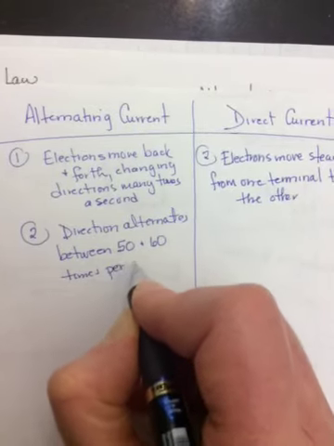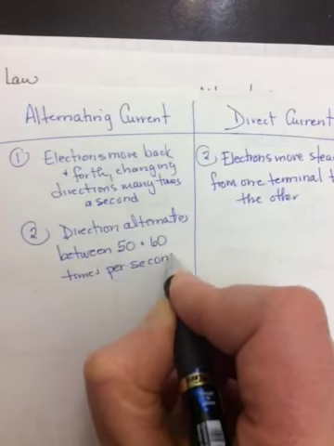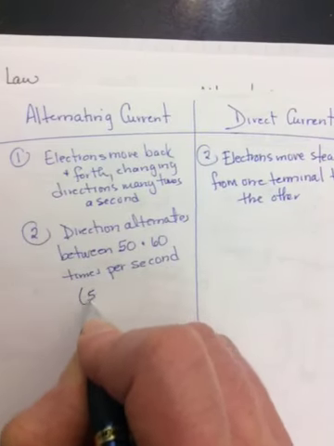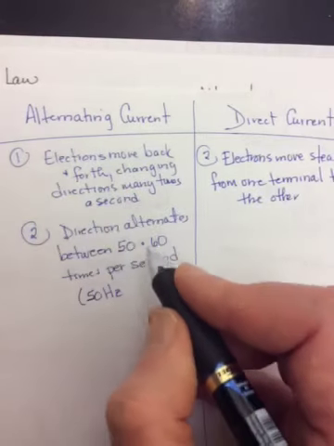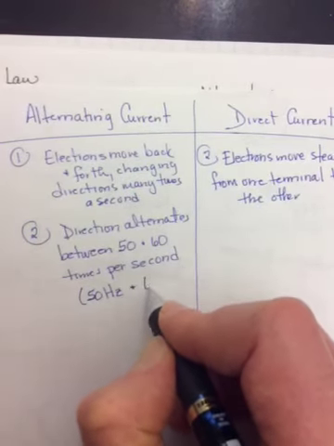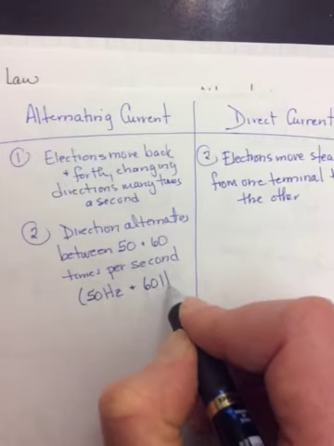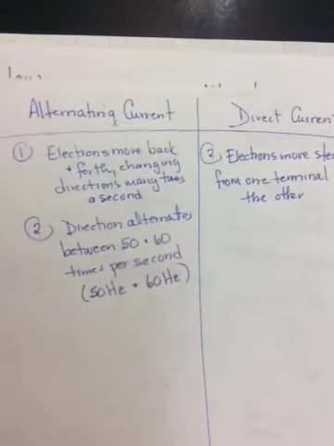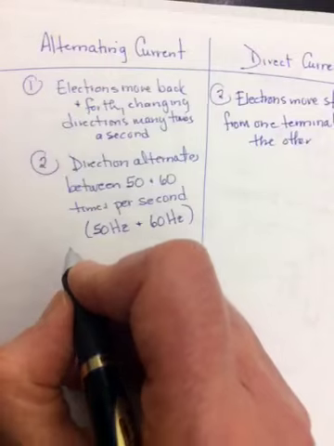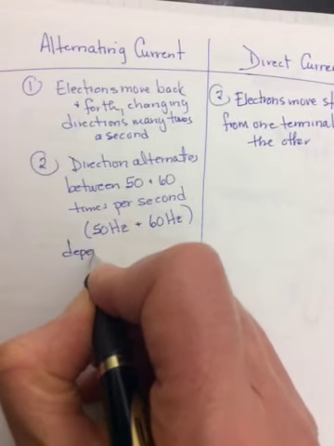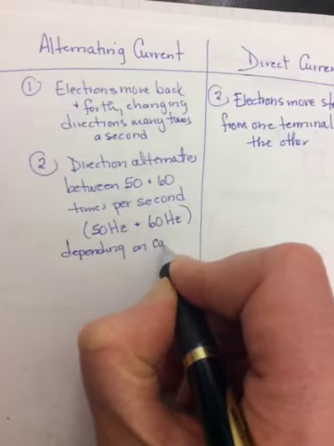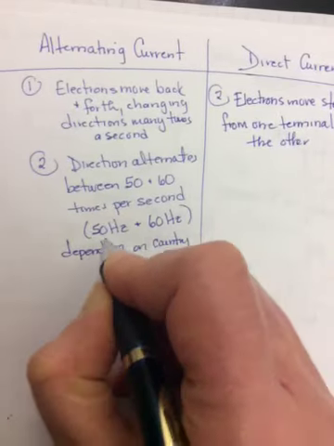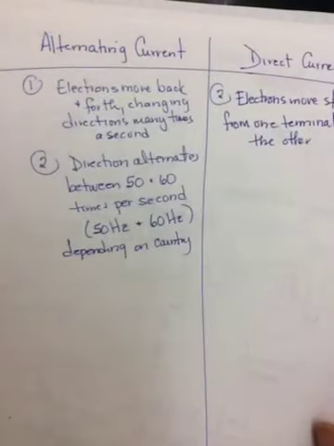In other words, per second, if you think back to grade 11 physics, was hertz. So we're saying the frequency of this wave, because remember waves have frequencies, so the frequency of this alternating current can be between 50 and 60 hertz. And that depends on the country. So depending on what country you're in, the alternating current might be 50 hertz, it might be 60 hertz.